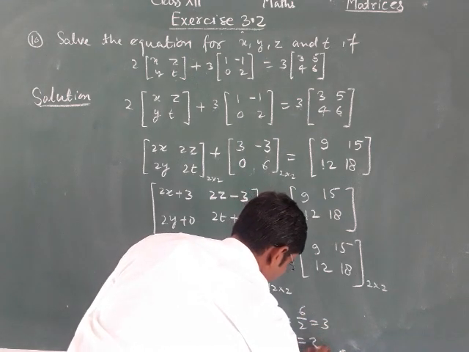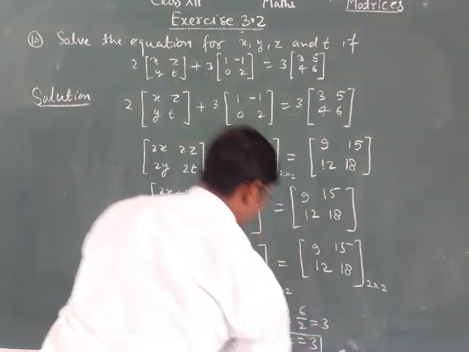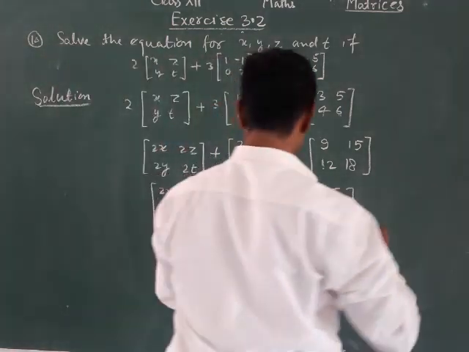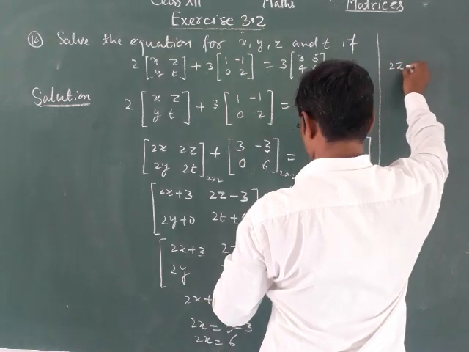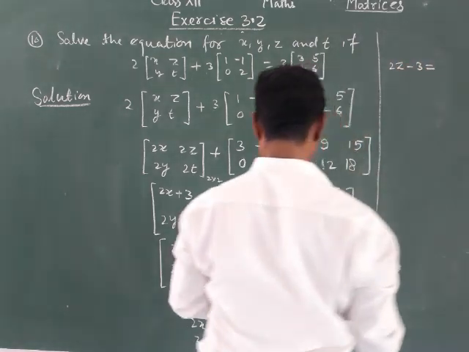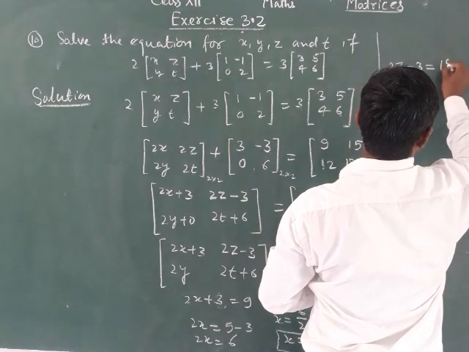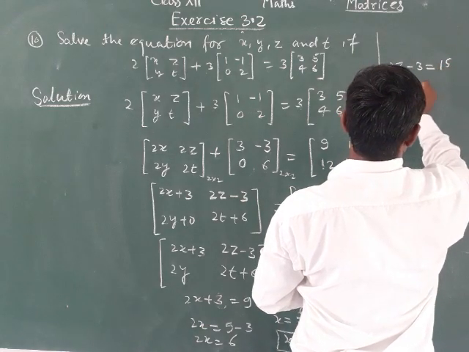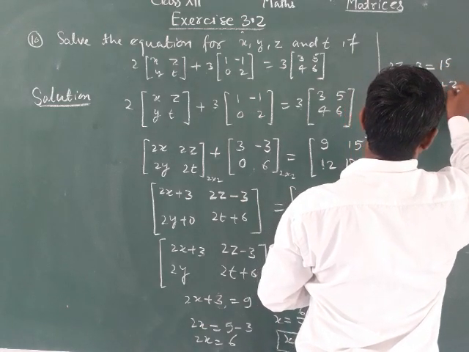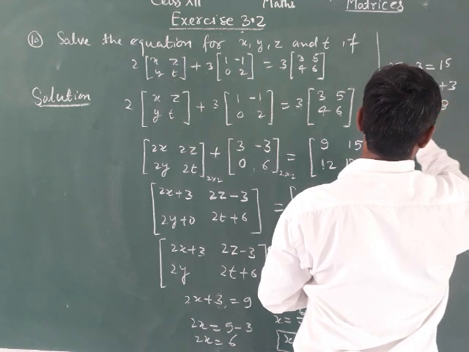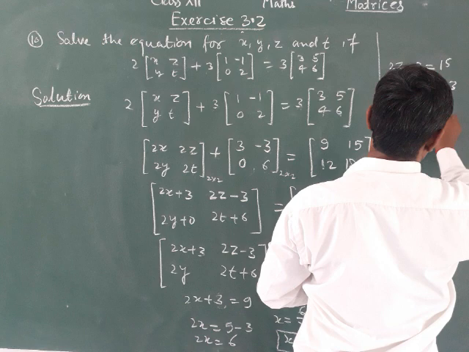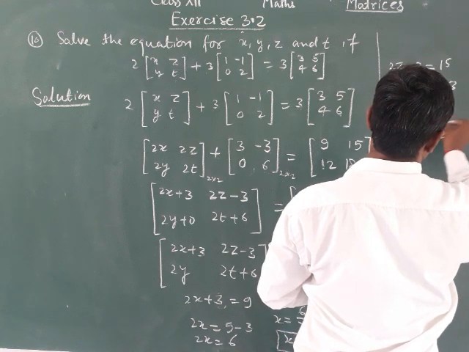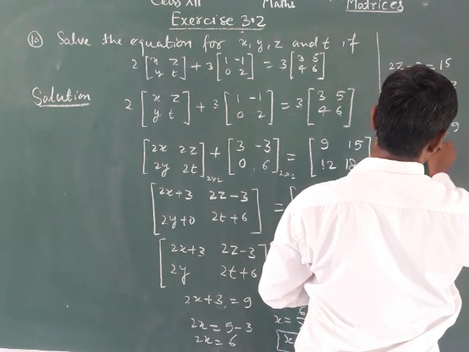X is equal to 3. Also 2z minus 3 is equal to 15. So 2z is equal to 15 plus 3, which is 18. Therefore z is equal to 18 upon 2, which is 9. Z is equal to 9.